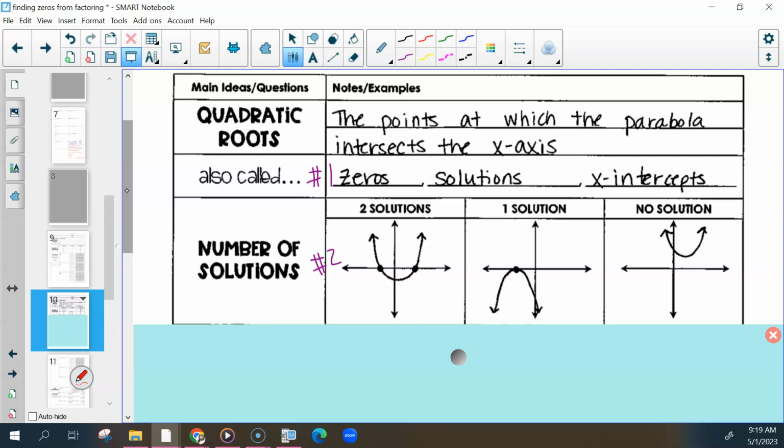Once you have that written down, go ahead and put number 1 in your y equals on your calculator.